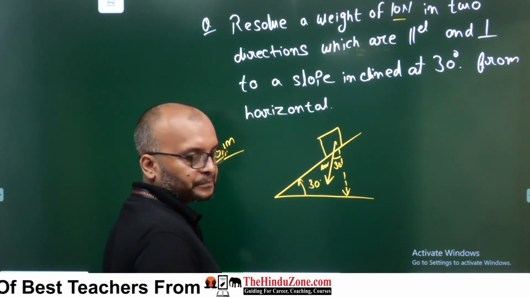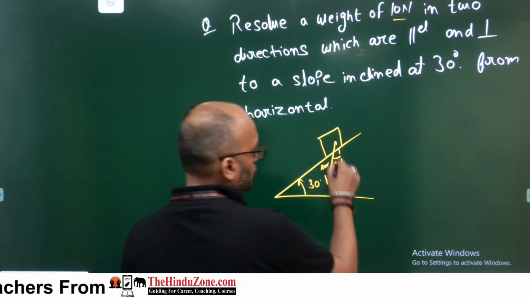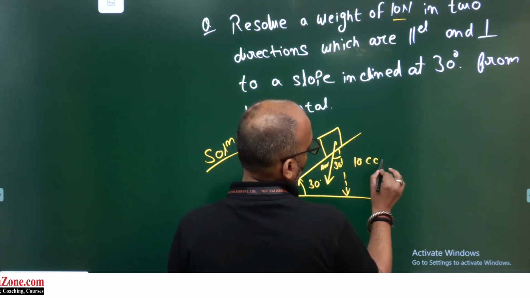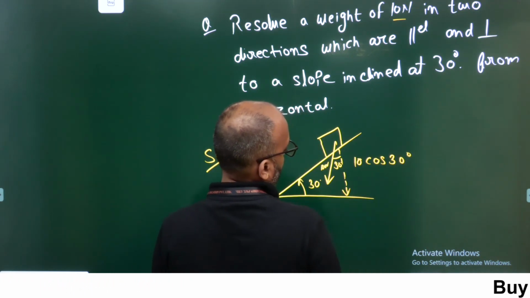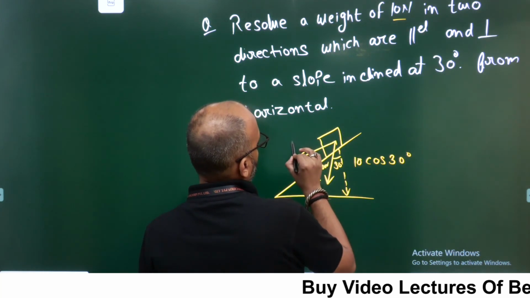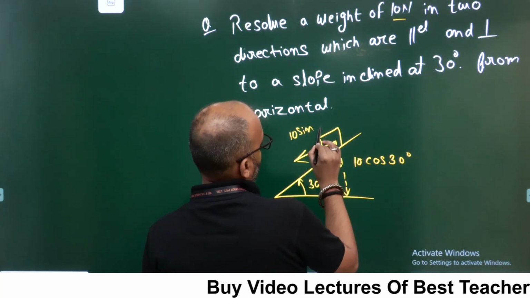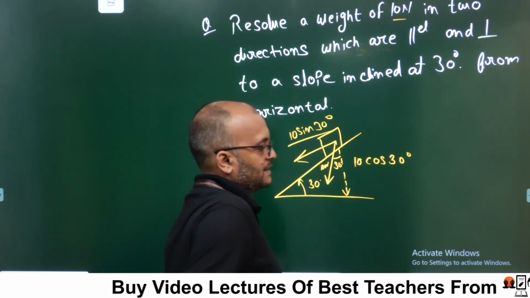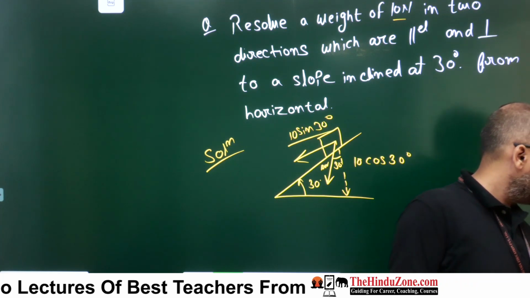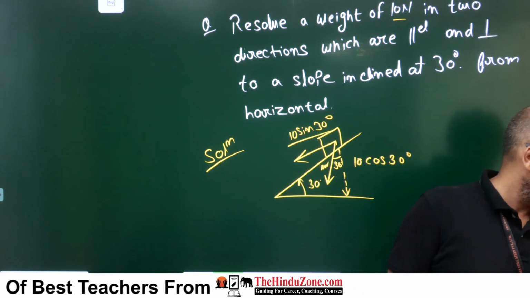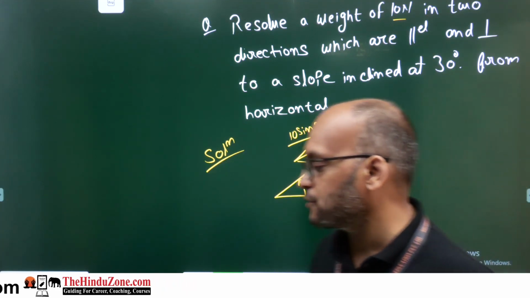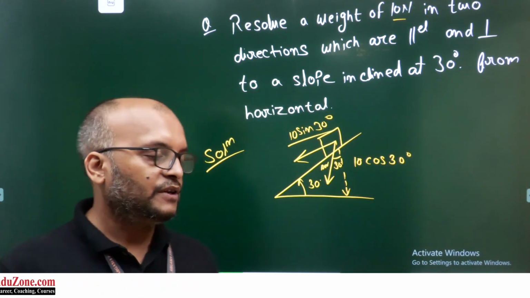Yes or no? So component perpendicular will be 10 cos 30 degree and component parallel will be 10 sin 30 degree. Is it clear now? Yes, sir. So now it can be solved.